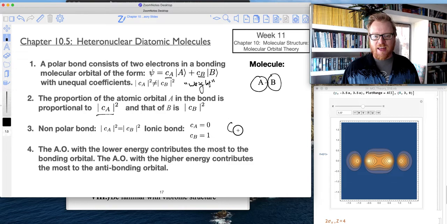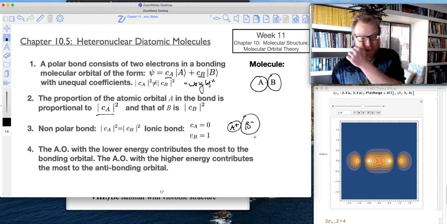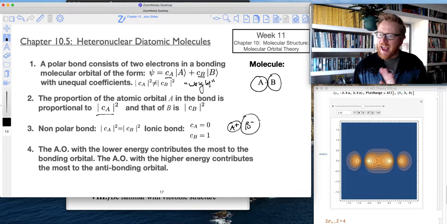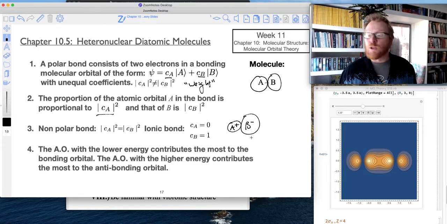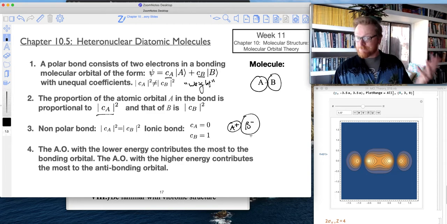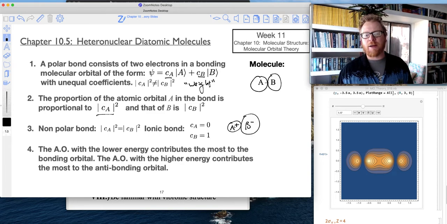And if you think about which one of these has to be a cation or an anion, it makes good sense that A here would be the cation and B would be the anion, because in this cation-anion system, the anion is in larger control of the electron. The cation has no electrons in its valence shell, or at least in its outermost shell, right?